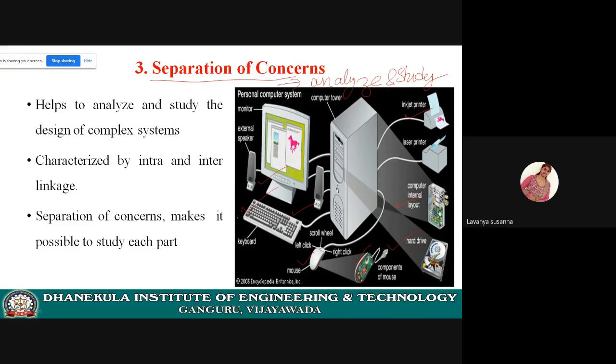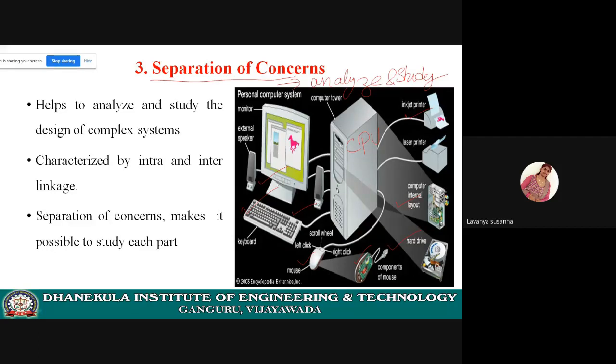So for example, just assume that this is a CPU, right? Assume that all these components are independent, not dependent, not interacting with any other component. Now you want to display a file.